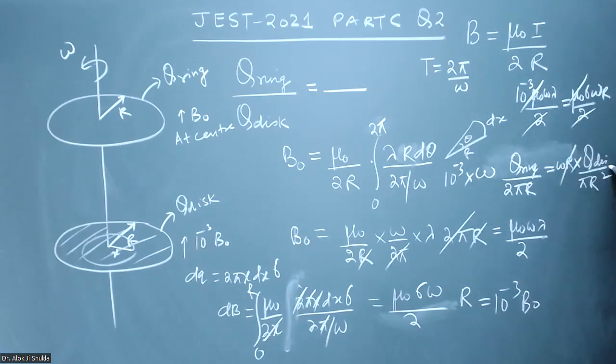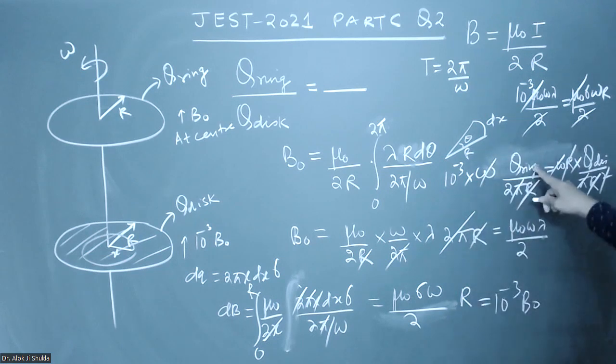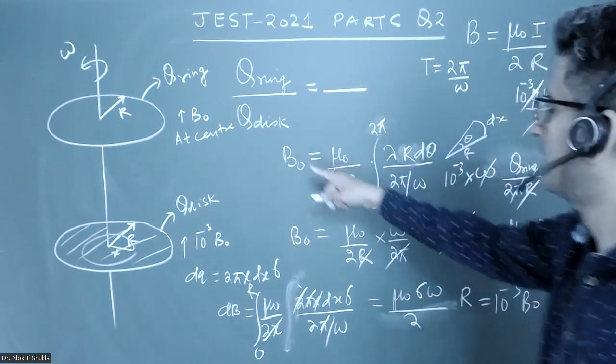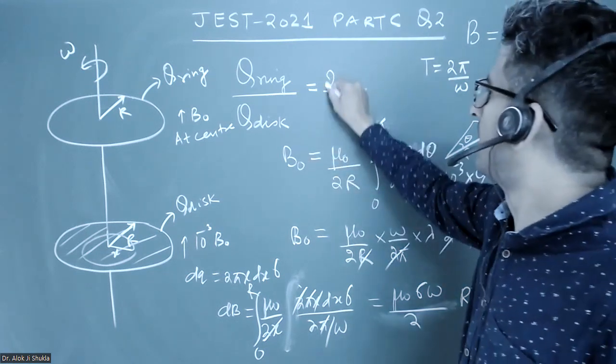R and R cancel, pi cancels, and omega and omega cancel. So Q ring by Q disk becomes 2 times 1000, so Q ring by Q disk is 2000.